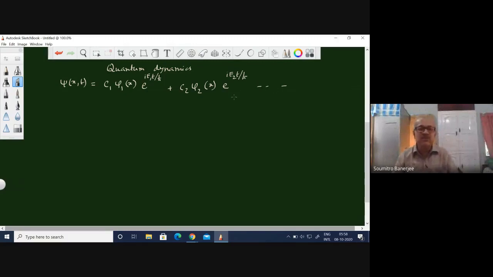So all that you need to do in order to calculate the evolution of the wave function is to calculate these coefficients, which are nothing but the projection of psi1 on this. This psi is the initial psi, psi of x comma 0, and this is the eigenfunction. So this is how you actually calculate, and you know the E1, E2, E3 and all that.